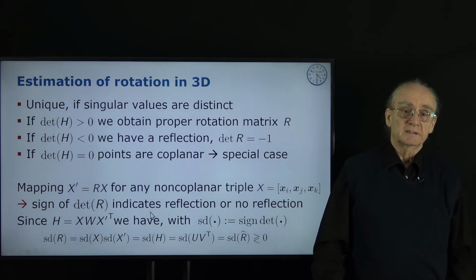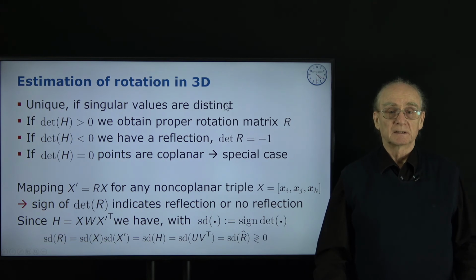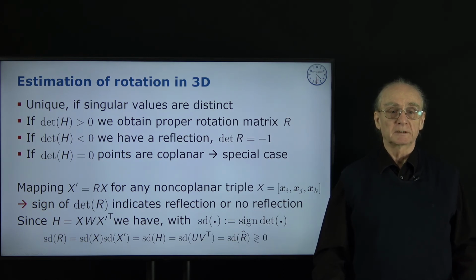The first thing is, if all the singular values are distinct, then the result is unique. That's good. If the determinant of H is positive, and we will prove this immediately, we obtain a proper rotation matrix R. If the determinant is negative, we have a reflection.